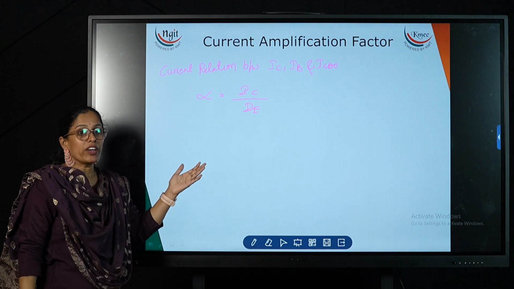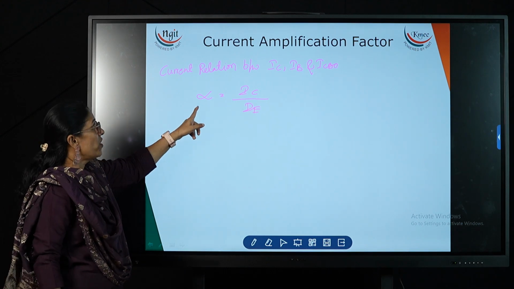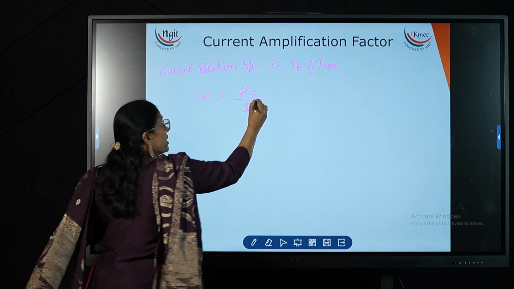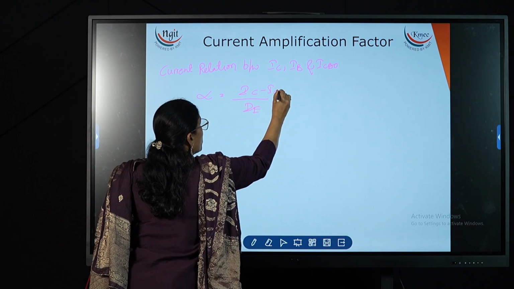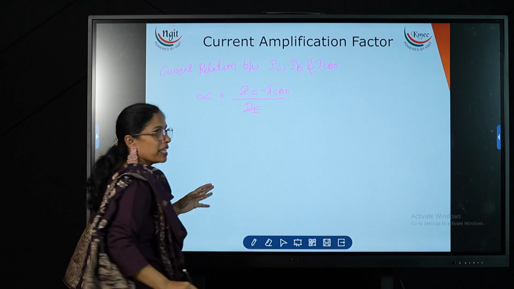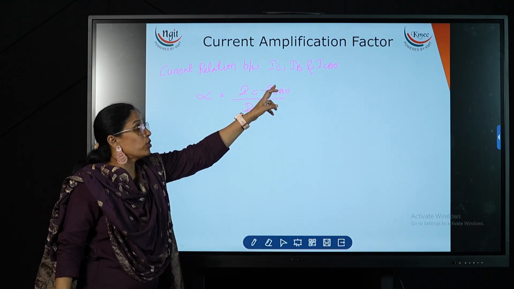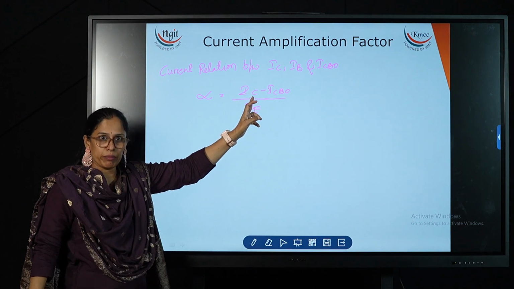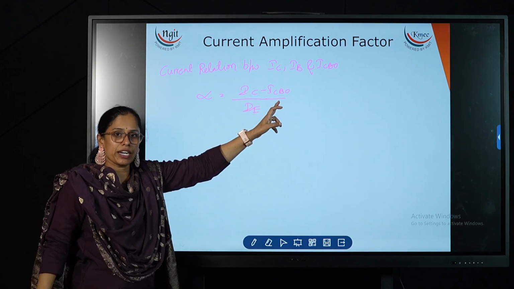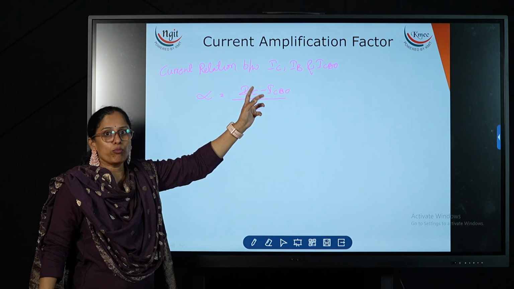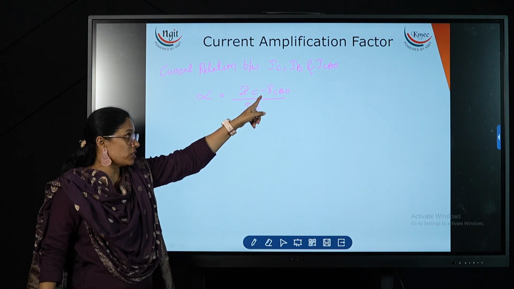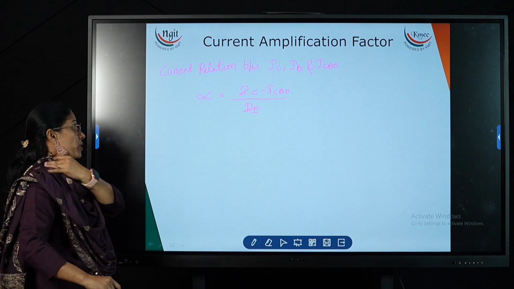If I consider the leakage current, then alpha is equal to IC minus ICBO divided by IE. The total output current is the majority charge carrier current plus the minority charge carrier current, and both currents are in opposite directions. That's why we got the minus sign here.